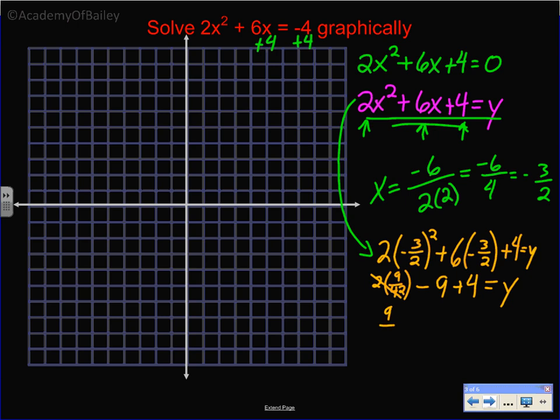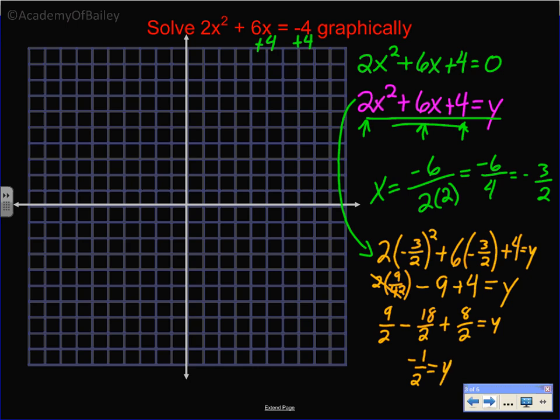So now we have 9 over 2 minus 9. 9 becomes a fraction with a denominator of 2, so we have to multiply 9 by 2. And 4 does the same thing. 4 is going to be 8 over 2. And so let's add all these numbers up. 9 minus 18 will give you negative 9, and negative 9 plus 8 will give you a negative 1. That's equal to y. So that's going to be our vertex.